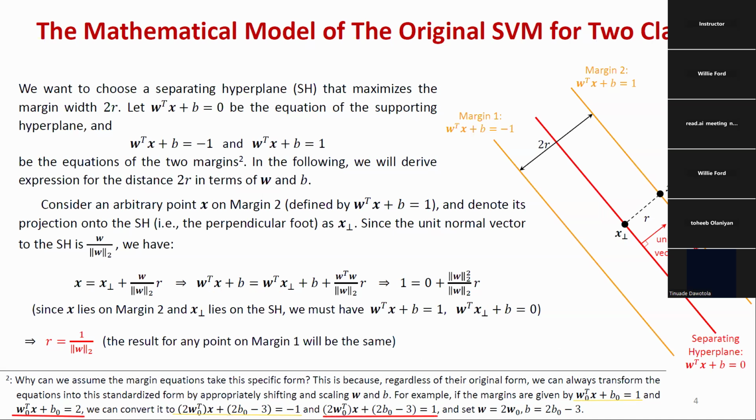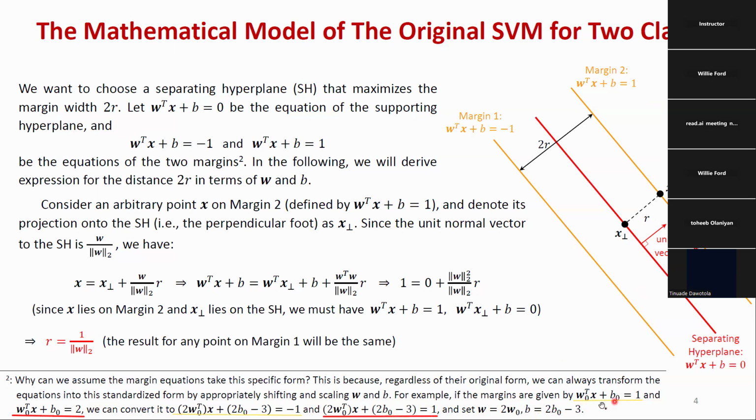Similar things. In this equation, I times 2 and minus 3, and then I convert this equation to this equation. Now it's easy. Why? Because I just simply need to denote W equals 2 W0 and b equals 2 b0 minus 3.